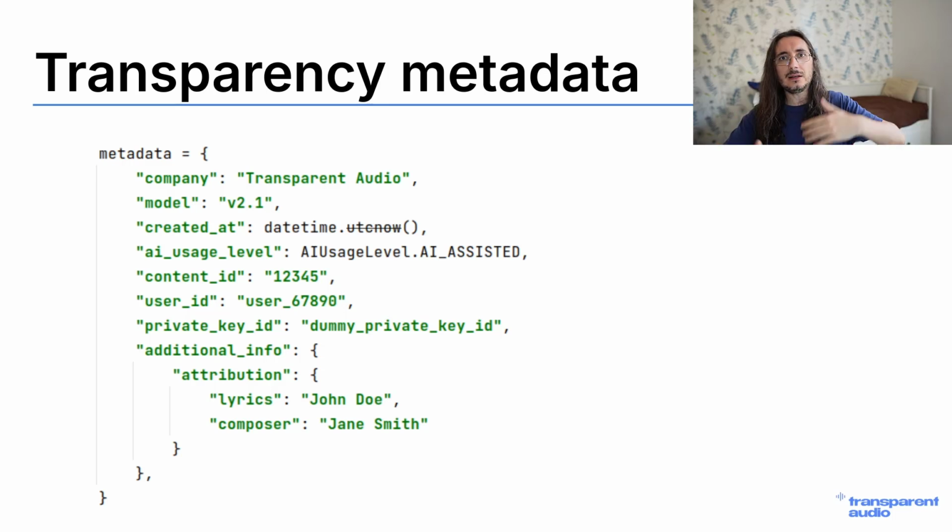Then when it's time to share the royalties across all the different people, machines, or companies who have a say, there's the necessary information. So that's how we bundle attribution information directly in the transparency metadata.